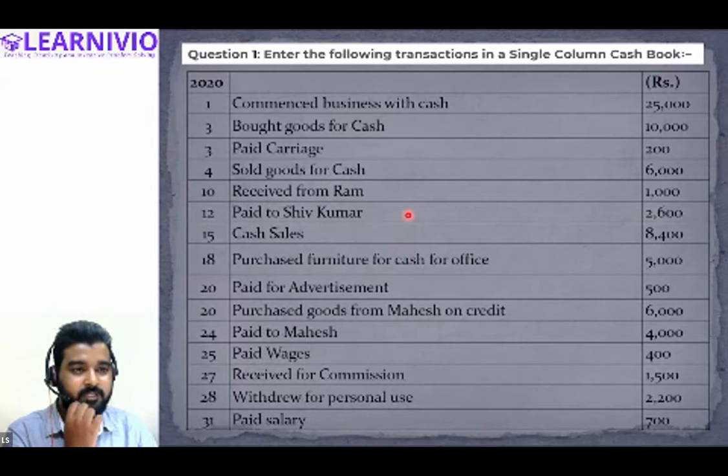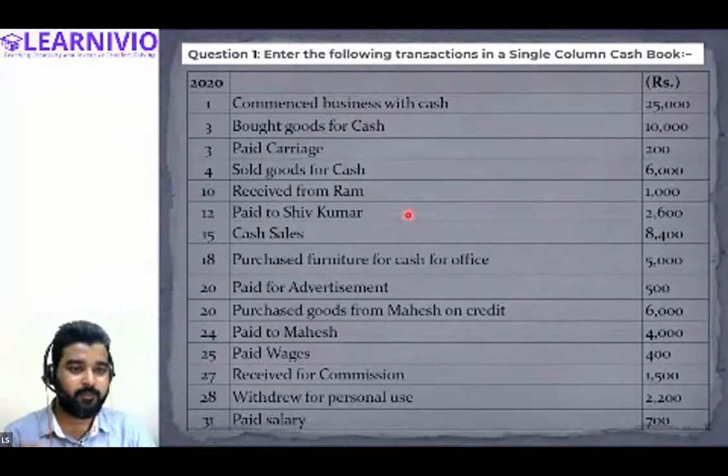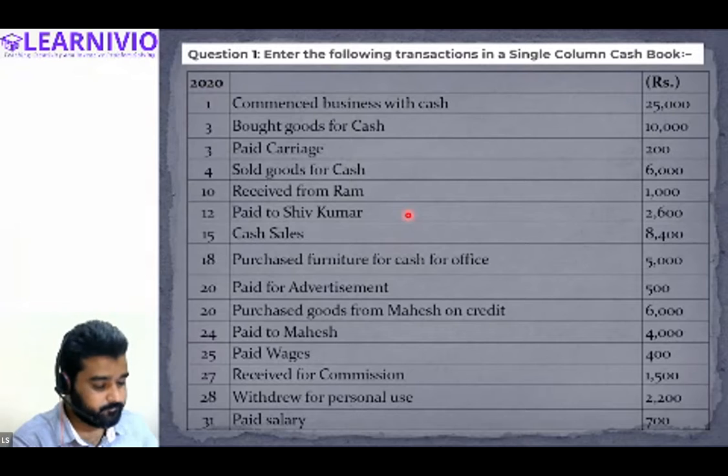You just need to identify whether it will lead to the inflow of cash or the outflow of cash. If there is inflow of cash, it will be recorded on which side? Debit side. So just tell me, when we commence business with cash, what will happen in the cash book? It will lead to the increase in cash or the decrease in cash, inflow or outflow? Tell me.